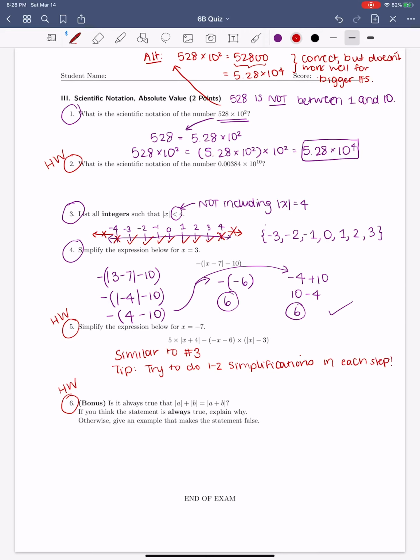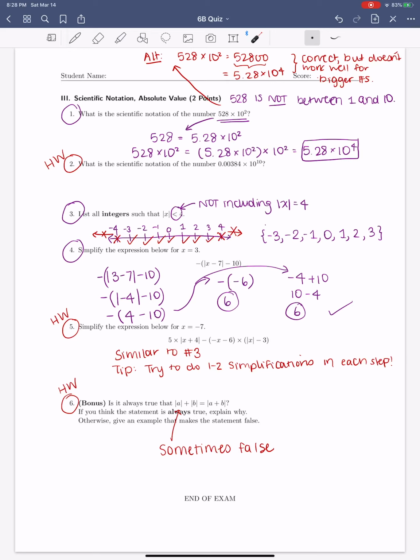And very lastly, the bonus I'm going to still give for homework. I will give one hint that this statement is sometimes false. So the directions say, if the statement isn't always true, we want an example that makes the statement false. So I want you guys to find A and B that makes this equation false.